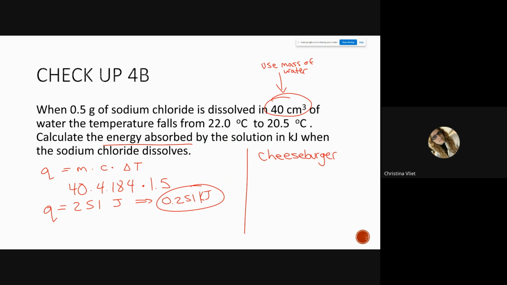So when you eat a cheeseburger from McDonald's, let's say it's 300 calories, the capital C actually means it's 300 kilocalories. How many calories does that mean your actual cheeseburger is? It's actually 300,000 of the little calories. Insane. You could heat 300,000 grams of water by 1 degree Celsius with your one cheeseburger.